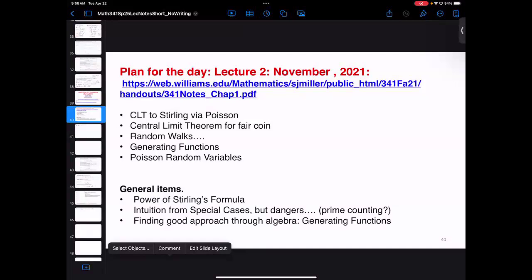I really want to stress the ability of looking at special cases and trying to glean some intuition from looking at that. You can be misled, of course. Sometimes looking at smaller, simpler cases, you might find a method that works for those cases but doesn't work in general. So be very careful about how much to draw from a special case.